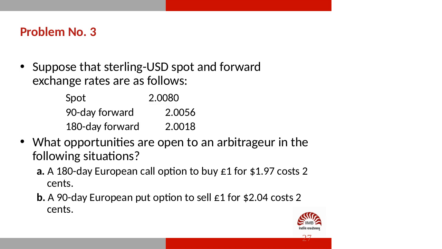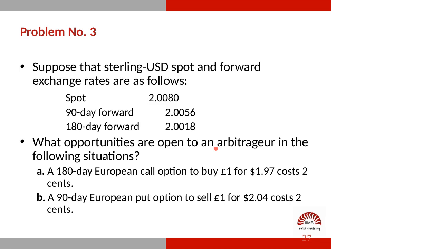So I have another example. The spot current price is this. The forward price after 90 days is expected to be this. After 180 days, it's expected to be this. What kind of opportunities are open to the arbitrager in these scenarios? In the first case, I have a 180-day European call option.